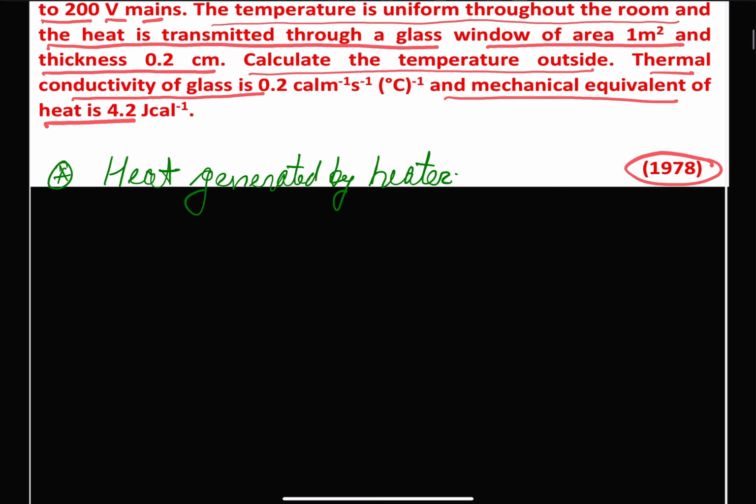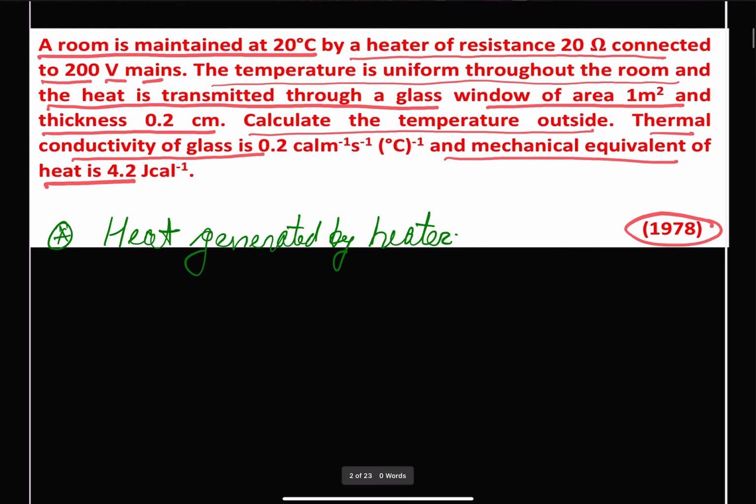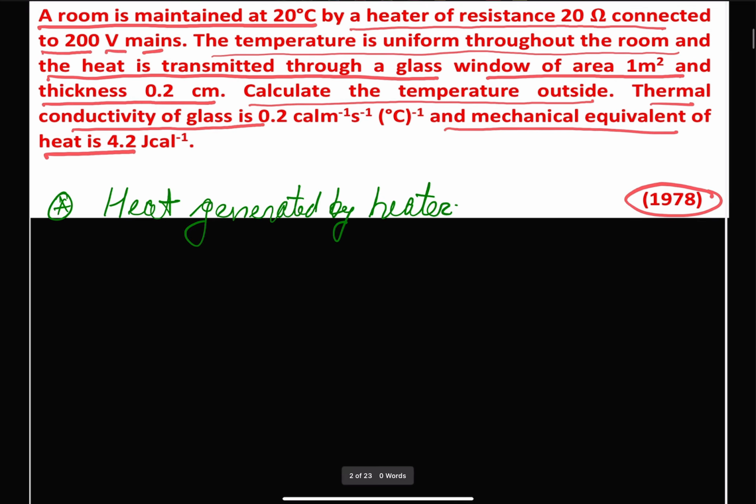Heat is generated by the heater, and we are given that the voltage source is 200 and resistance is 20 ohm.